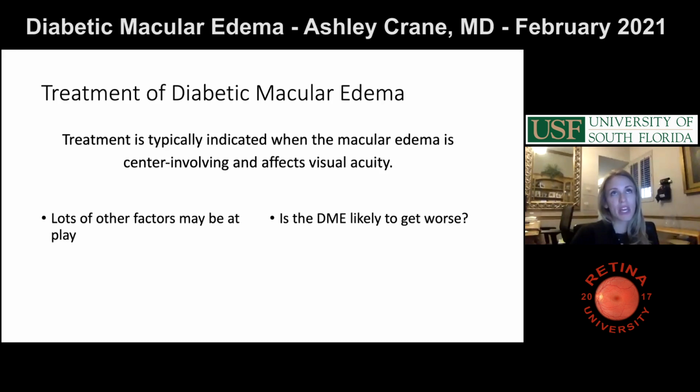I was more thinking, what other ocular comorbidities might drop their vision that you have to parse out, whether the vision loss is due to diabetic macular edema or due to something else that's not going to be treated with, say, an anti-VEGF. Changes in the lens. Yes, cataract, yes.